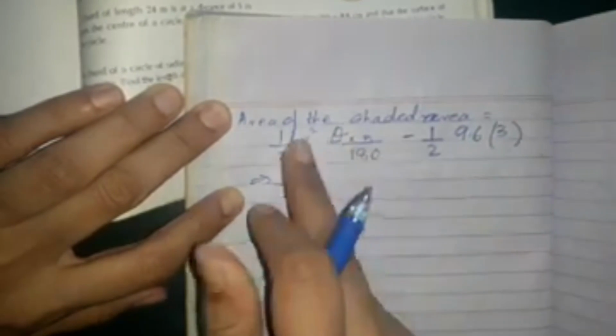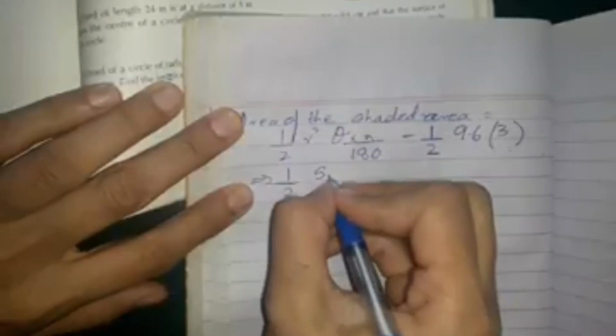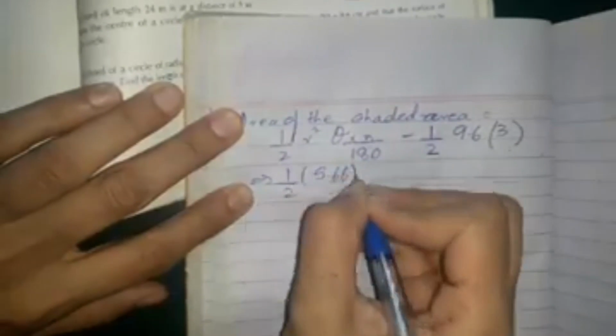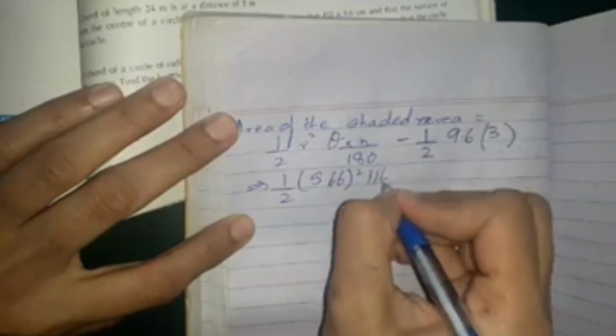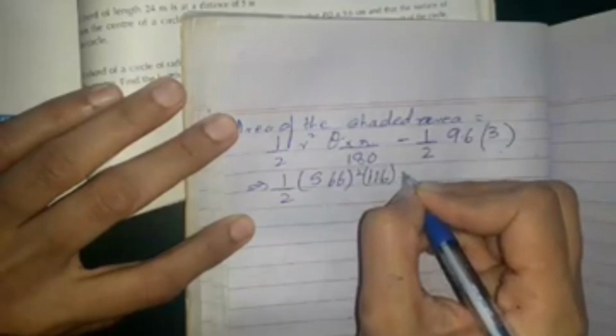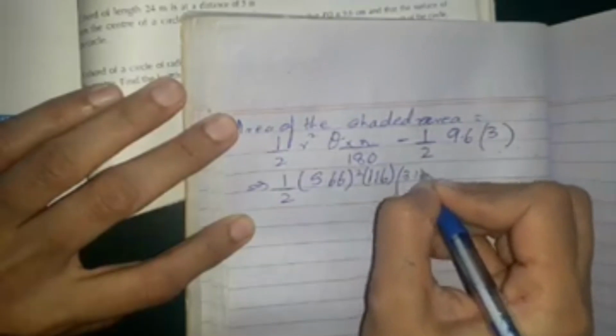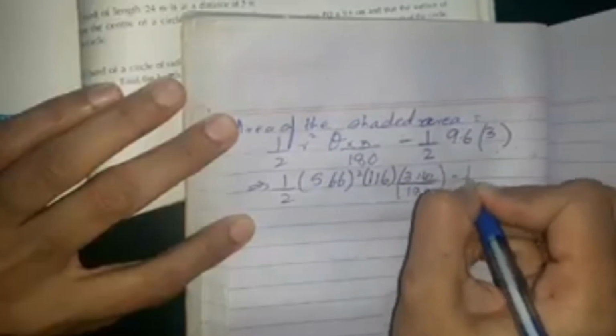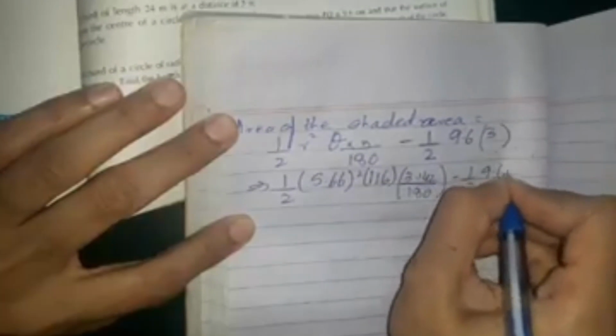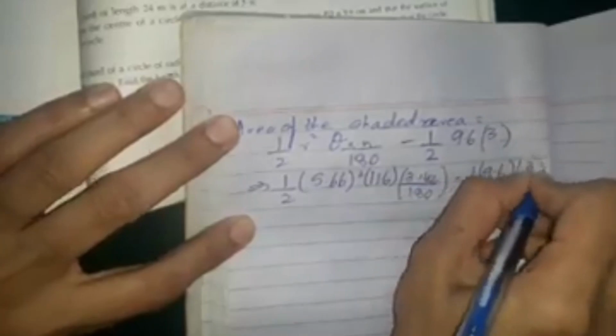Half, what is the radius? We have found out 5.66 to the whole square. Theta is again 116 multiplied by 3.142 upon 180, minus half, 9.6 into 3.